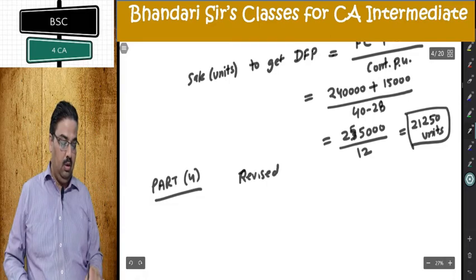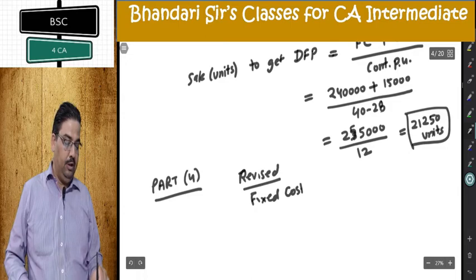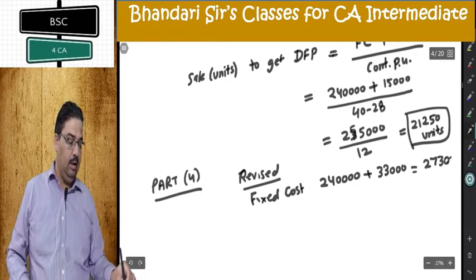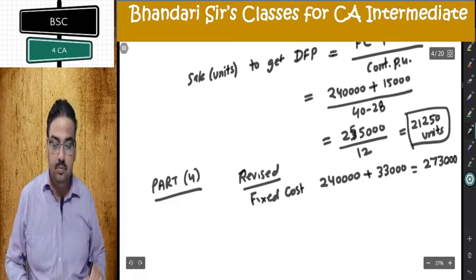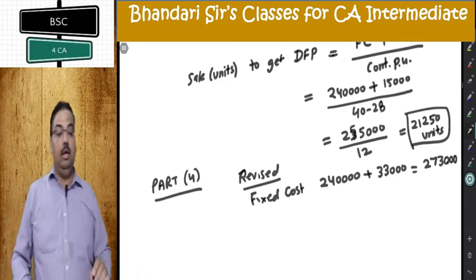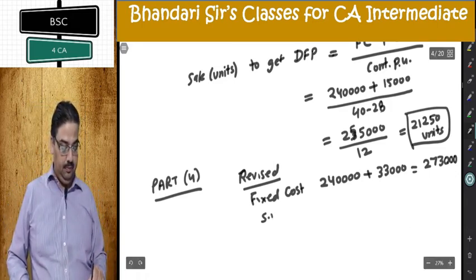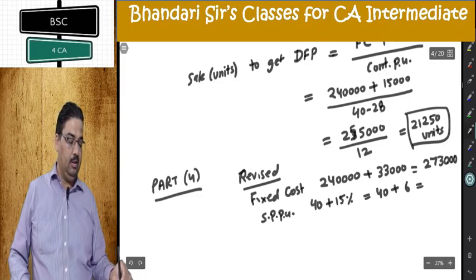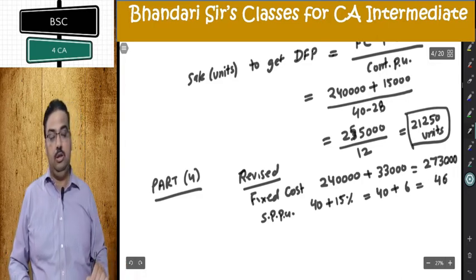Revised fixed cost: 2,40,000 plus 33,000, 2,73,000. Price of shirt likely to be increased by 15%. Selling price per unit: 40 plus 15%, 40 plus 6, 46.